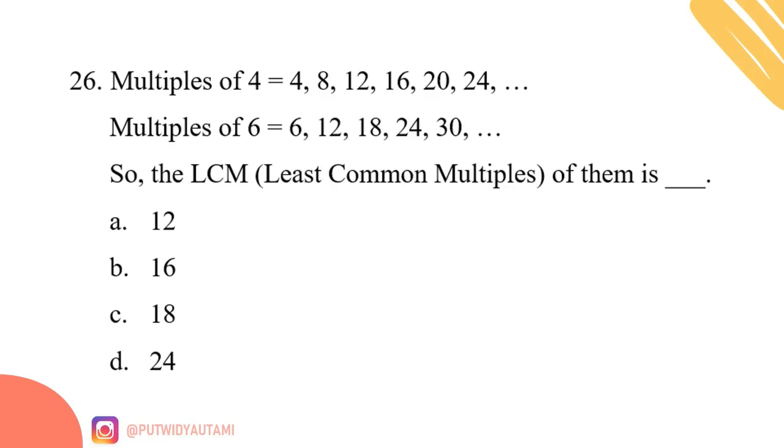So, the LCM, or least common multiple of them, is, let's find out the common multiples of them. Yeah, it's 12 and 24. Now, the least, yang paling kecil. Yeah, it's 12. So the answer is 12.